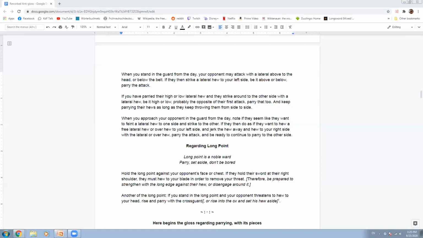Well, I think it would depend on how you trained each group. I guess the anti-gloss has a lot more straight-up parrying rather than trying to go for fancy counterattacks.